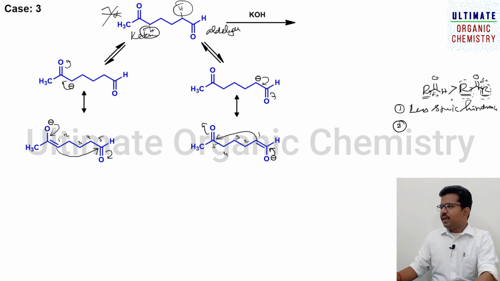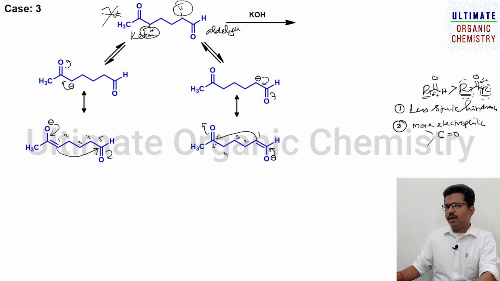So in the case of that donating ability, if you happen to check, aldehyde is more reactive because of the more electrophilic C double bond O, where here you have a less electrophilic C double bond O, right?